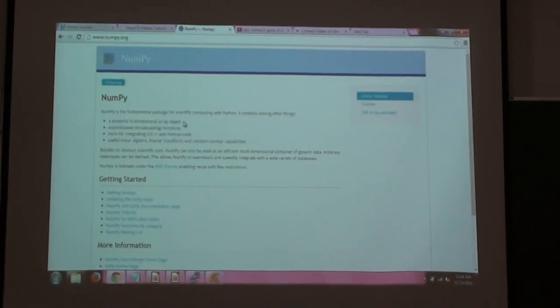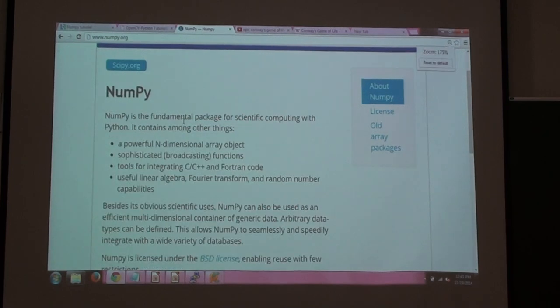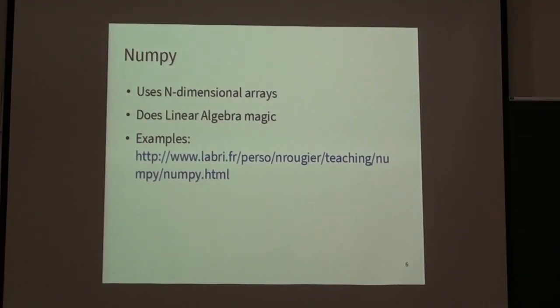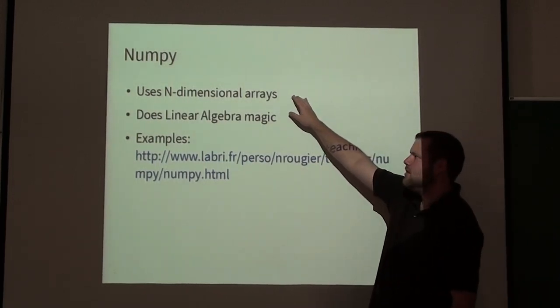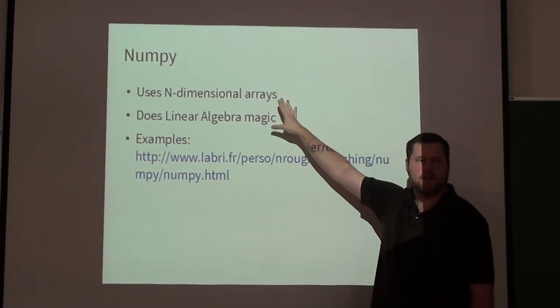This is what I was looking for. So NumPy builds itself. Do I have a slide on this, just so I'm keeping up with where I should be? There we go. So we have n-dimensional arrays, and it does some linear algebra.